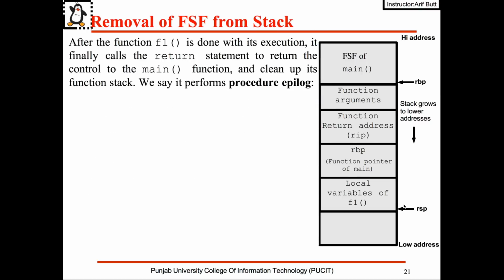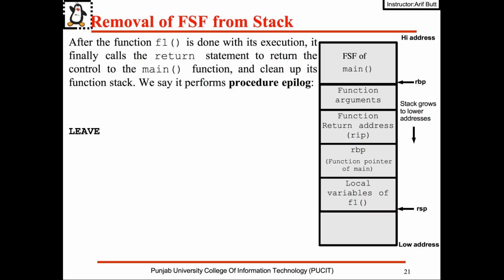After function f1 is done with its execution, it finally calls the return statement to return the control to the main function and clean up its function stack. We say it performs procedure epilogue. The first instruction of this procedure epilogue is the leave instruction.